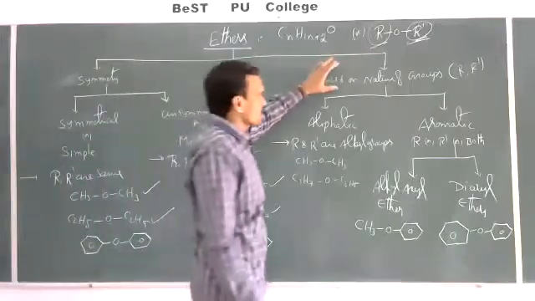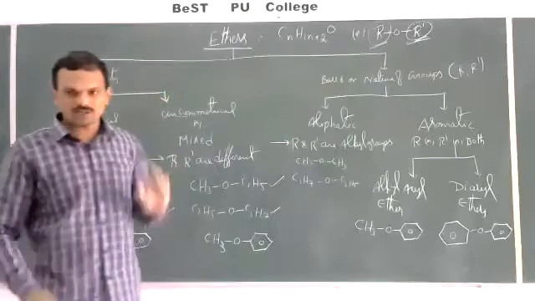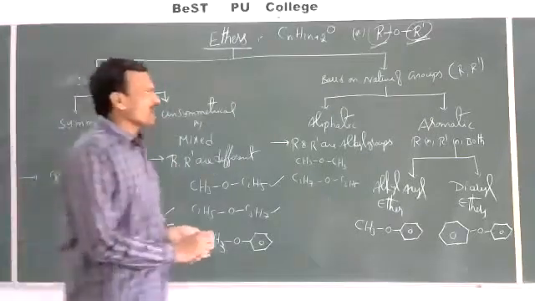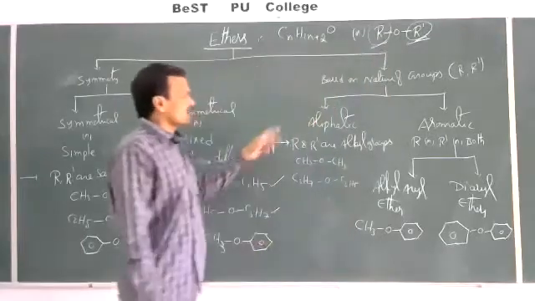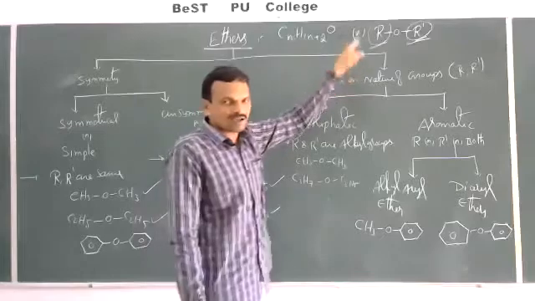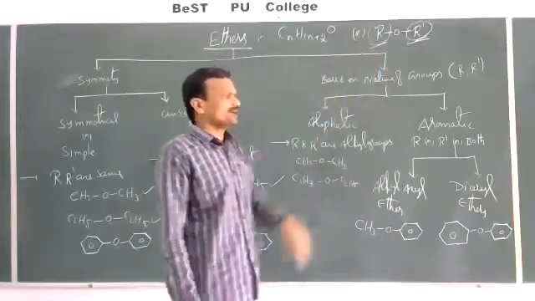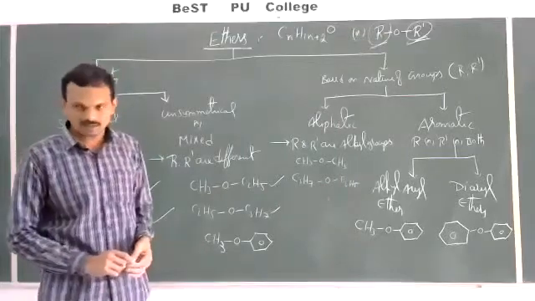Next, based on the nature of the groups, either alkyl group or aryl group is present. If R and R dash both are alkyl groups, they are called aliphatic ethers. If either R or R dash or both are aryl groups, those are called aromatic ethers.